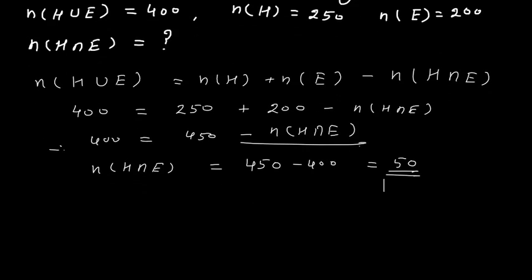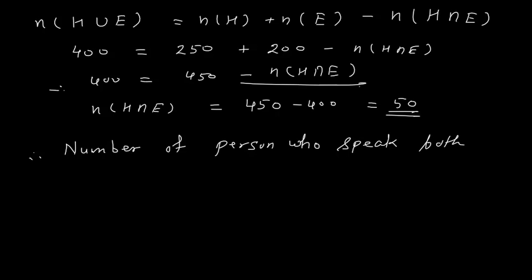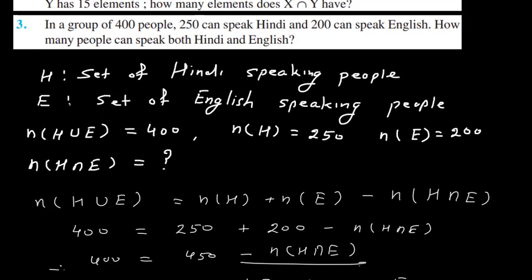So therefore, the number of persons who speak both Hindi and English are 50. So the number of people who speak both the languages is 50.